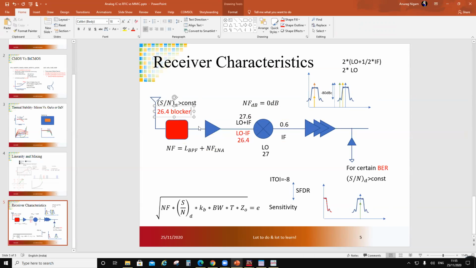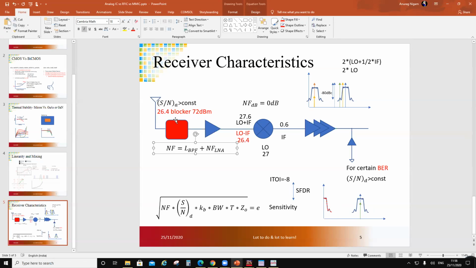Now, this was being suppressed by 80, but that blocker was not 80 dB strong. The TOI over here is minus 8, so it's 72 dB strong. So this was 72 dB stronger than the signal. Rather, I would put 72 dBm.